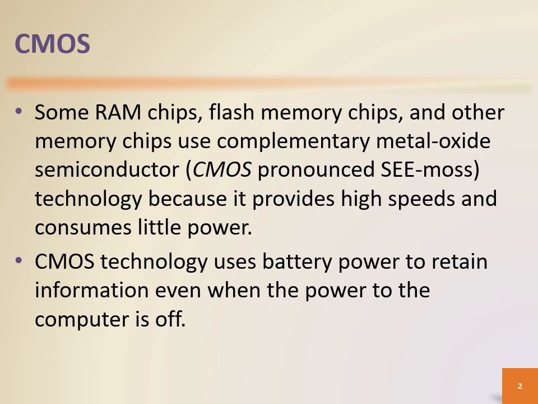This battery backed CMOS memory chip can keep the calendar, date, and time current even whenever your computer is off. Due to this CMOS, whenever you turn on the computer, you will see the current time and current date, and the flash memory chips that hold the startup information also often use this CMOS technology.